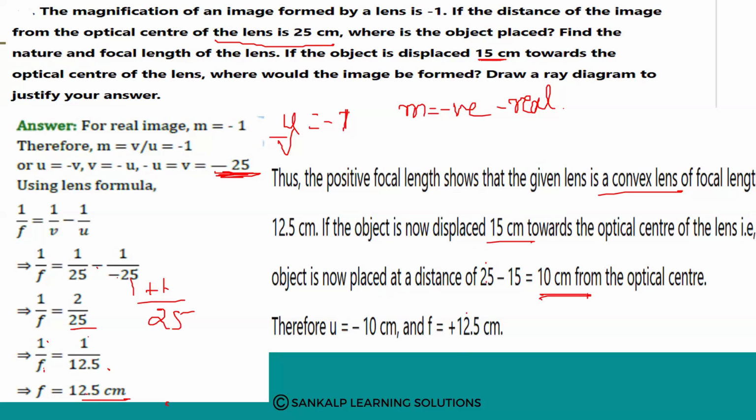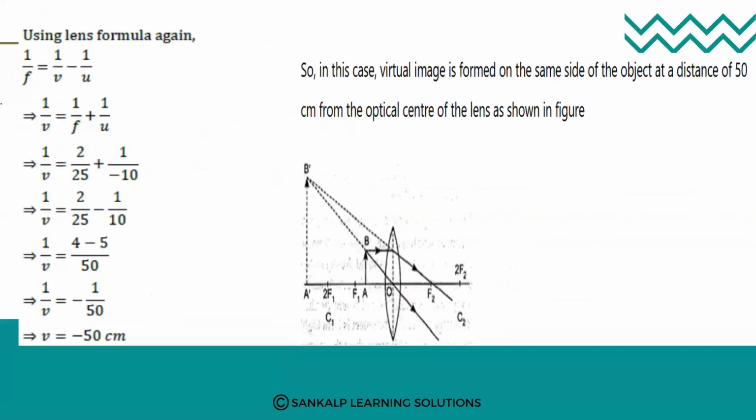F is plus 12.5 centimeter. Now, using the lens formula, 1 upon f is equal to 1 upon v minus 1 upon u, or 1 upon v is equal to 1 upon f plus 1 upon u. So 1 upon v we don't know. u is minus 10, right?